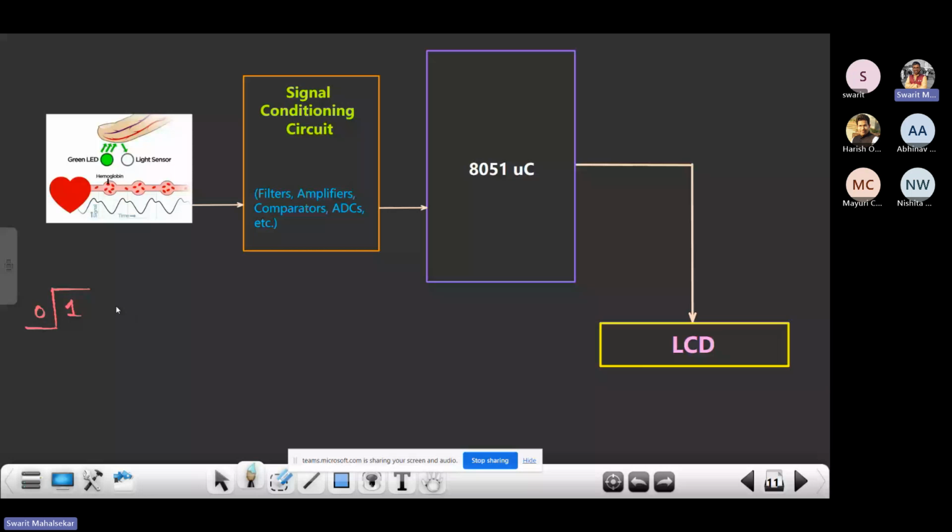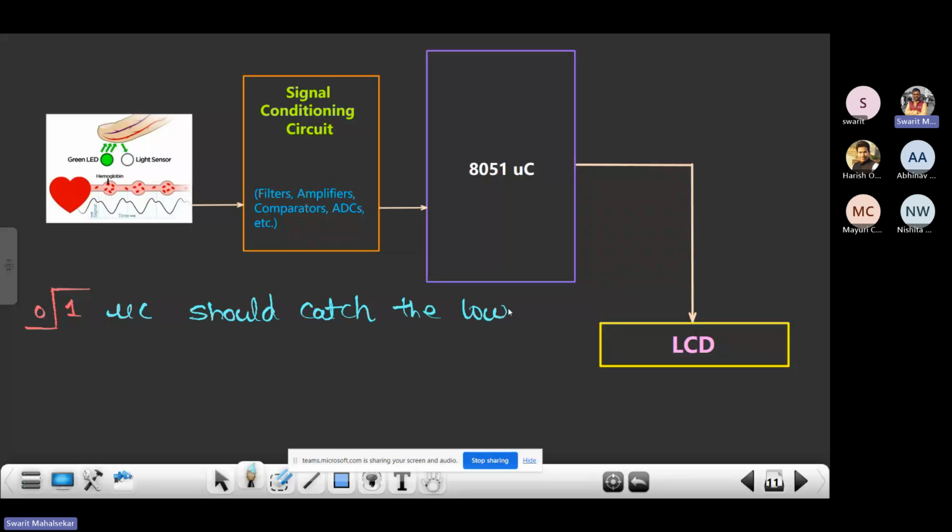Okay, so microcontroller, I'm writing it in shorter form. Microcontroller should catch the low to high pulse, that is 0 to 1, right? This kind of pulse. Let me just show it in this way.